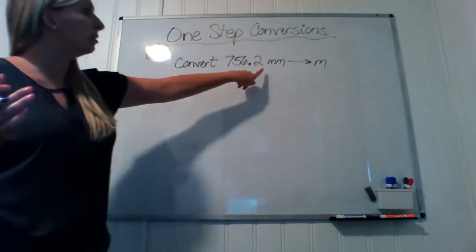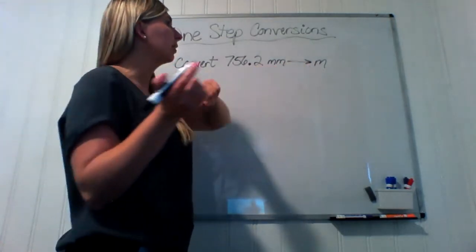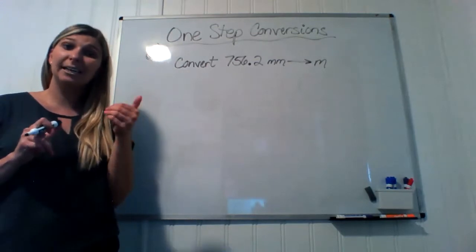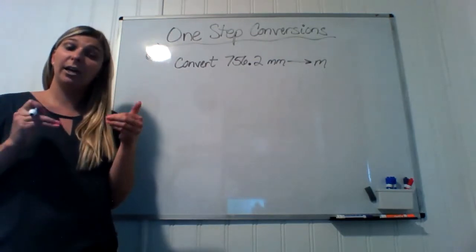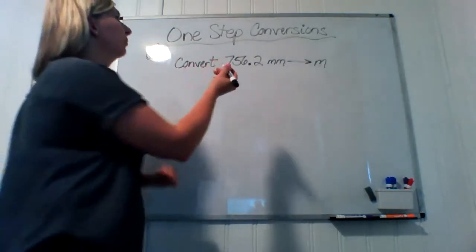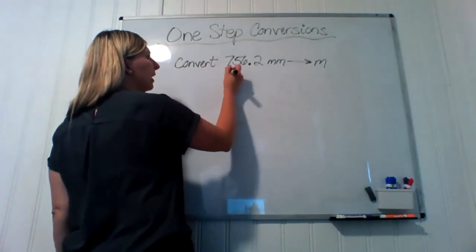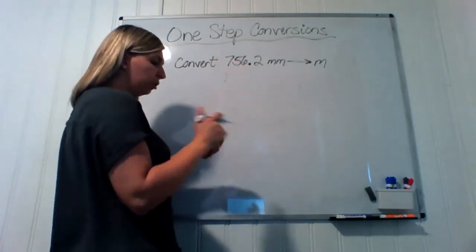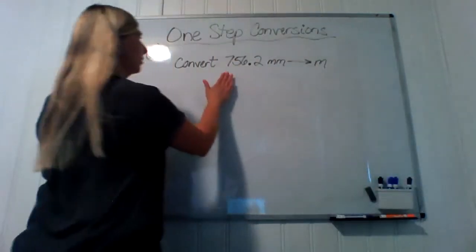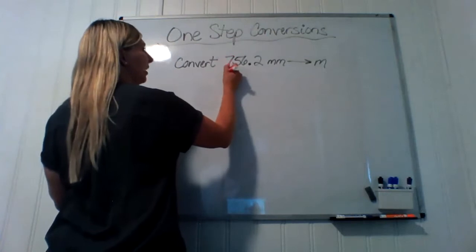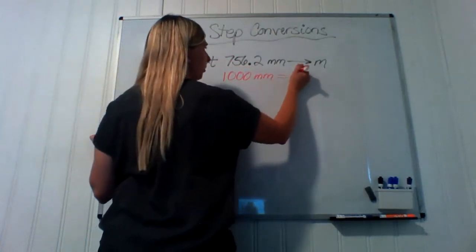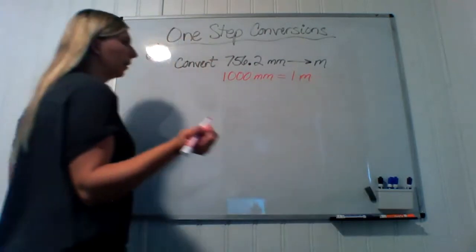So then when you see millimeters converting to meters, you think to yourself, what did I learn milli means? And how can I relate that to this conversion? So therefore you can write the conversion, or the equivalence, is 1,000 millimeters is equal to 1 meter.